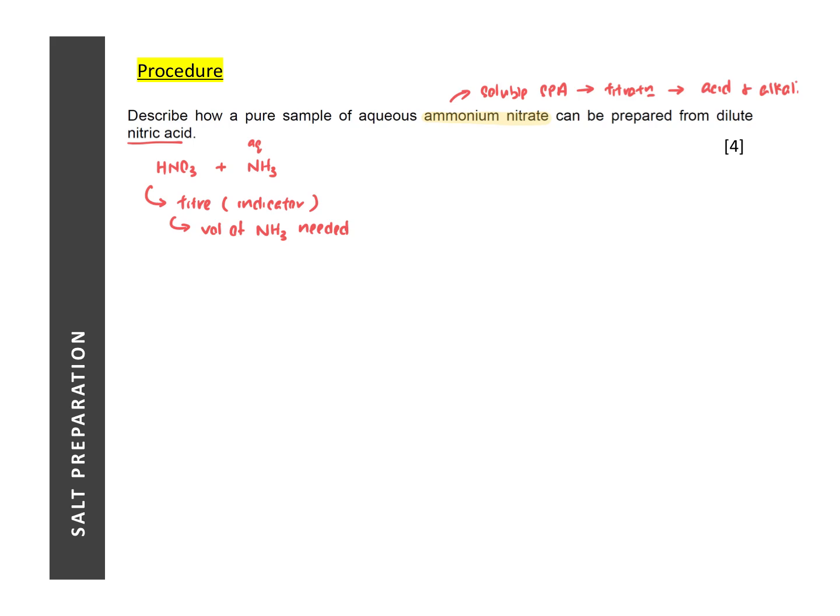So after that, we repeat the titration without the indicator, and then we add the recorded volume of aqueous ammonia, and then we perform an evaporation procedure, which is to heat until saturated, cool and allow crystals to form, filter to obtain the crystals, wash with a bit of cold deionized water, and dry by pressing between pieces of filter paper.